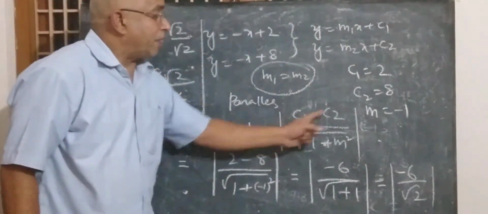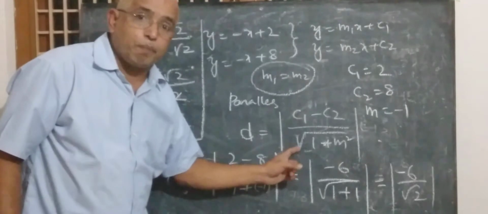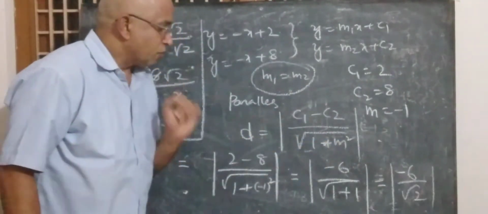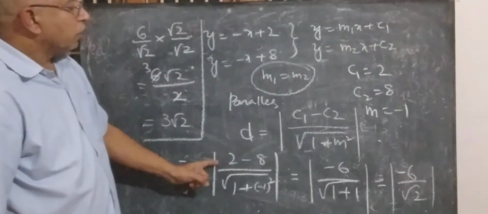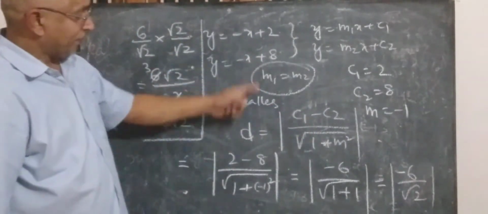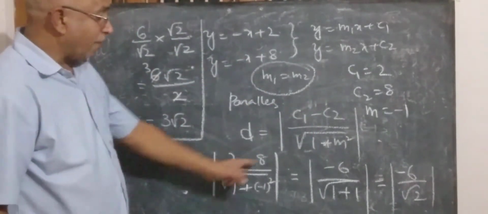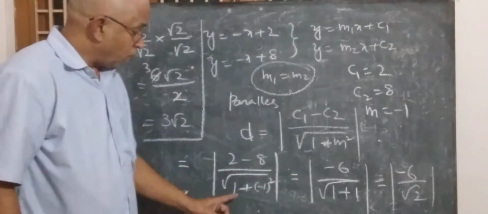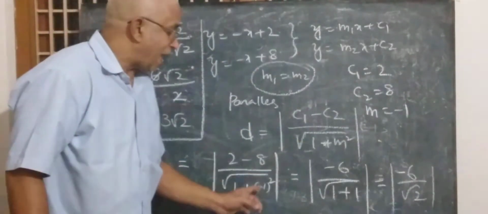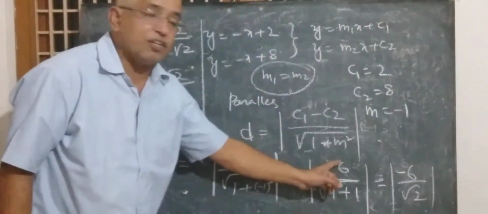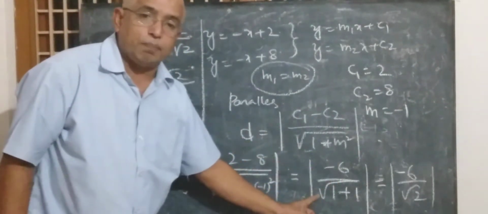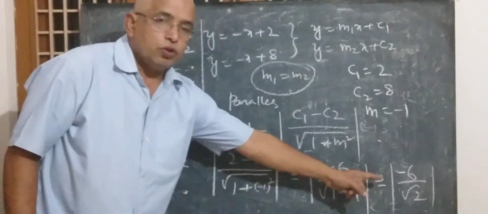Modulus of c1 minus c2 by root over 1 plus m square. So substitute all the values. What is the c1 value here? 2. c2 value 8, by root over 1 plus m square. 1 plus m square, value minus 1 whole square. So 2 minus 8 equals minus 6. Root over 1 plus 1, root 2.